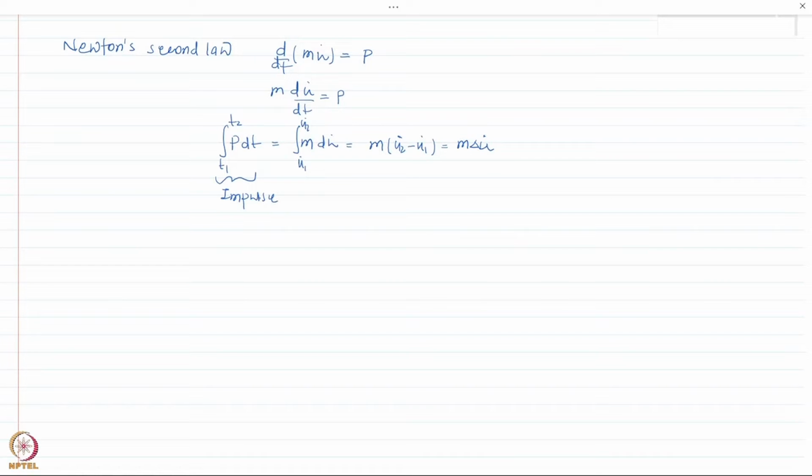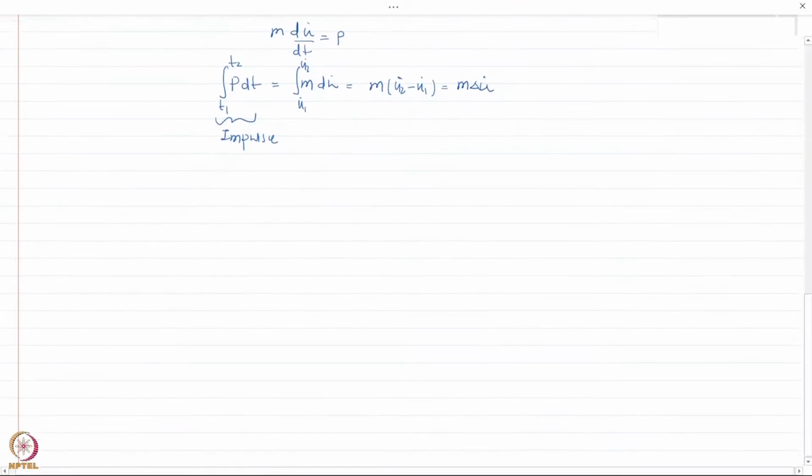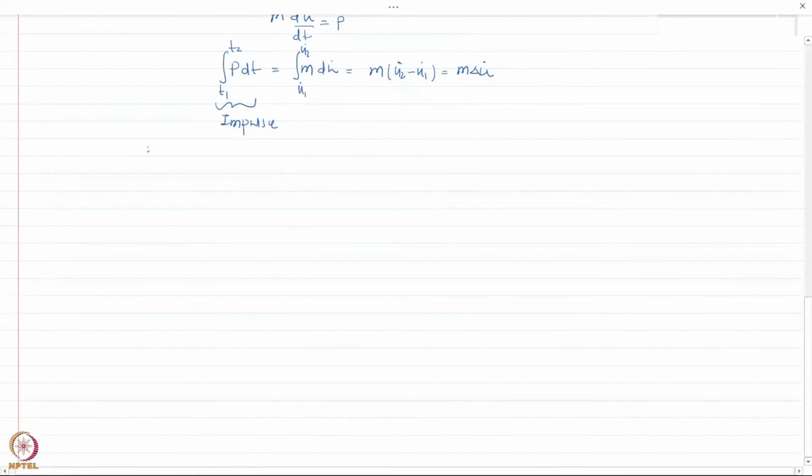So if you apply an impulse on any body, it is equal to the change in the momentum of that body. Let us say we consider a single degree of freedom system that we have been dealing with till now, with the same representation. We have a single degree of freedom system here, and I apply an impulse on it. So what is going to happen?